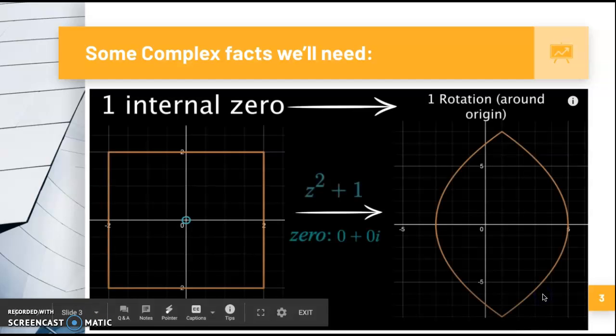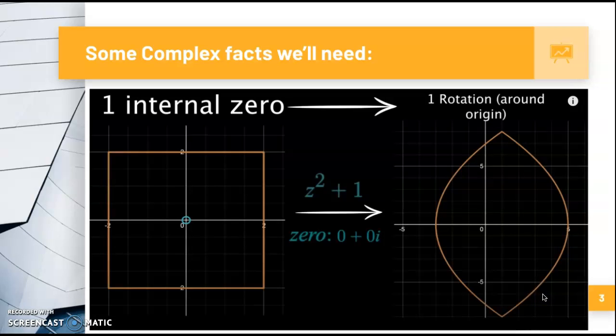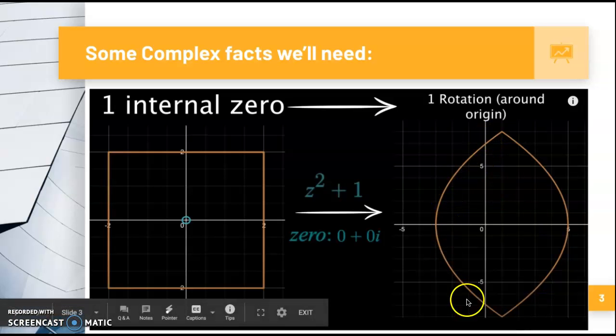So to start with some complex background, and these are things we've all discussed in class, but the idea of a function, a mapping of an input of complex numbers to an output of complex numbers. So here, each zero of the input function causes the output to rotate around the origin.